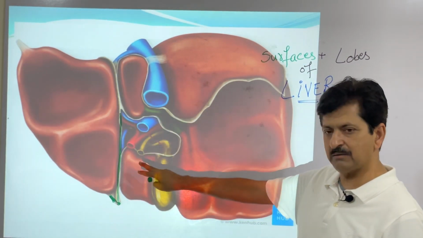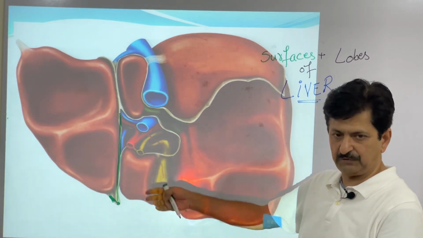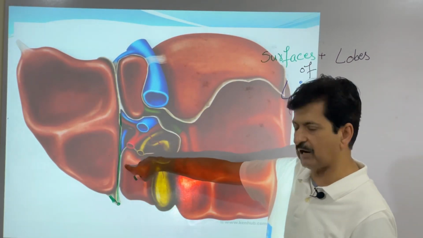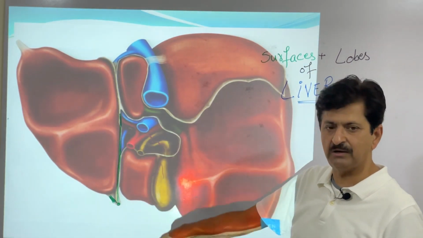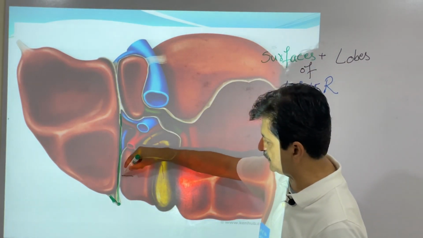At the front, this area was represented by the falciform ligament, and here it is the round ligament which will be visible. That's why this is called a ligament, and here this is a fissure. You call this the fissure for ligamentum teres. So this is the fissure for ligamentum teres.